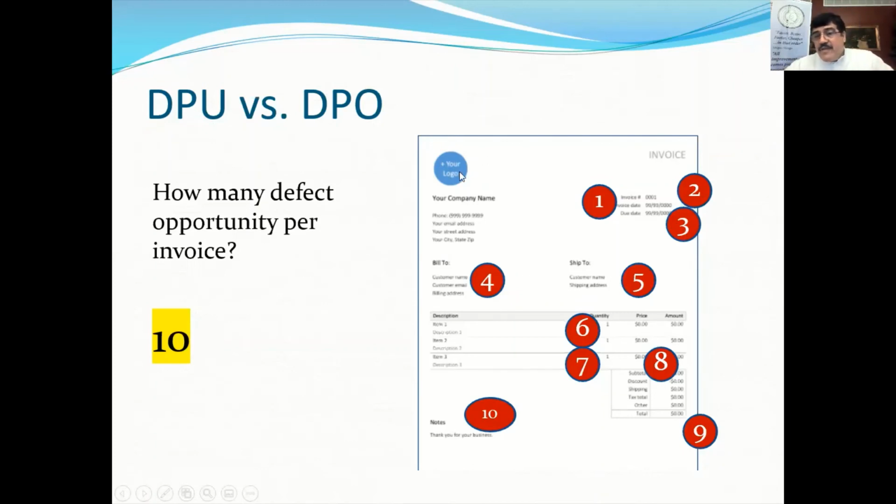So let's say you have in this invoice 10 possibilities to make an error. This is called an opportunity to make a defect. So how many defect opportunities here in this invoice? We have 10.